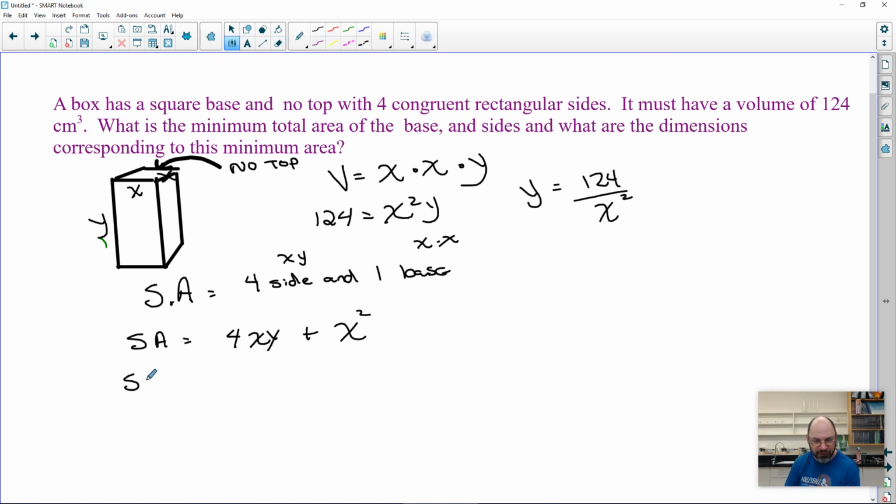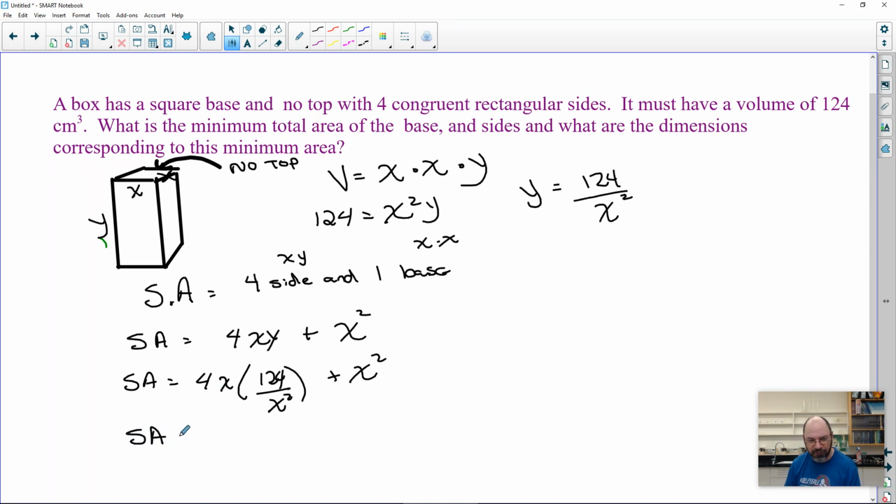So the surface area is going to equal 4x times the y, which was 124 over x squared, plus our x squared. Let's multiply the 4 and 124, which gives us 496.